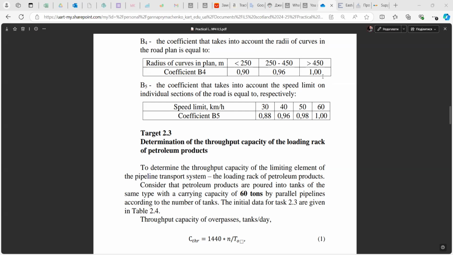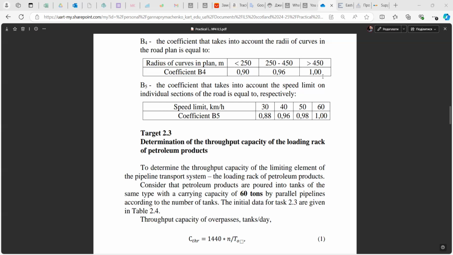And our last coefficient, the next, it is coefficient B with index 5. What does it mean? It is the coefficient that takes into account the speed limit on individual sections of the road, and we need to find the speed limit. How many kilometers per hour we can do on this road.